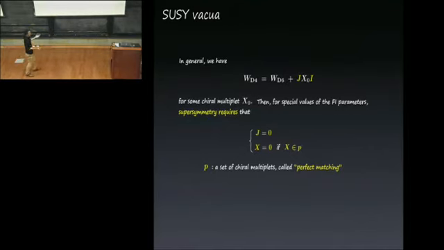Today I have no time to explain this, but let's just accept this theorem and see what happens. Before that, I need to talk about what the perfect matching is. In the next 2 slides, I'm going to talk about what the perfect matching is, and after that I will talk about the results of these 2 constraints.